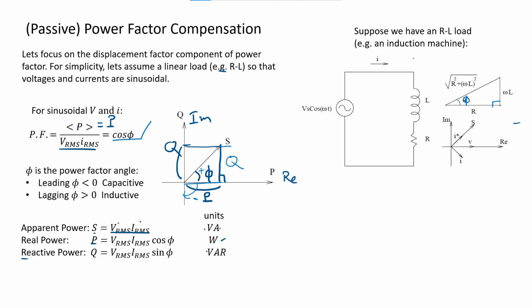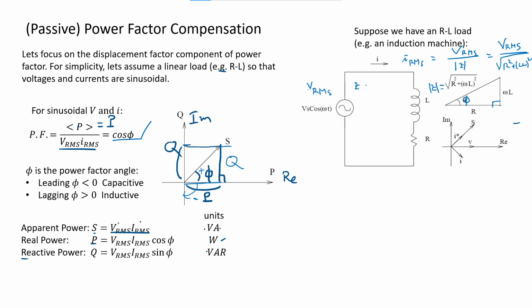When we talk about root mean square values, I root mean square is just V root mean square over the norm of Z, which is the square root of R squared plus (L omega) squared. This is Z, the norm of Z, the impedance.